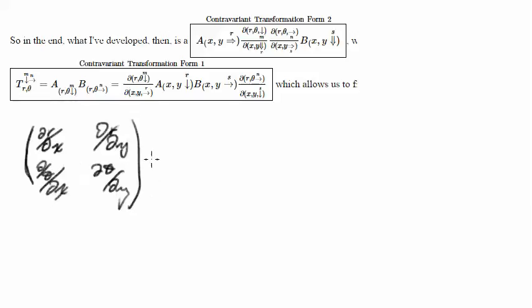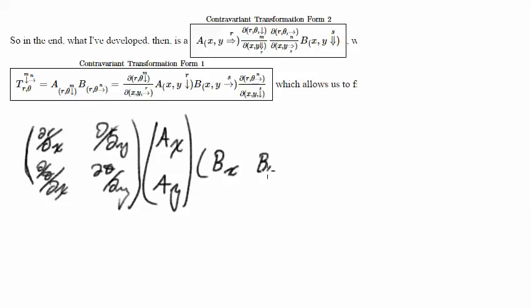Then we'll have the a sub x, y going down, so it's a sub x, a sub y. And then the b sub x, y going to the right, b sub x, b sub y.